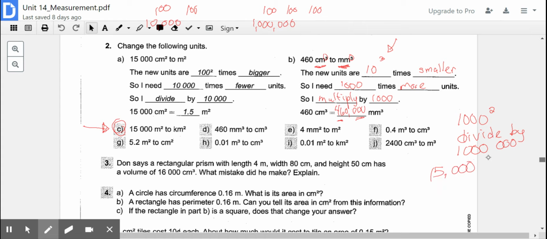Okay, so taking a look at this one, 15,000 meters squared to kilometers squared will be 15,000 divided by 1,000,000. And I'm going to end up with a decimal on this one here. Just work it out with my calculator. I should be able to do this in my head. But take a look at this one.